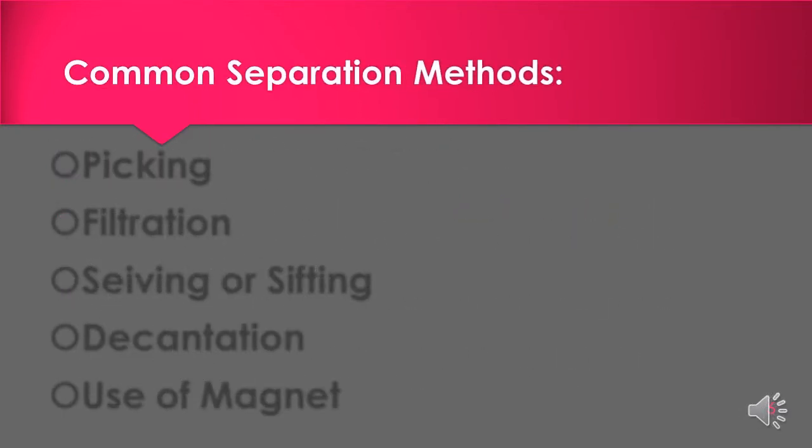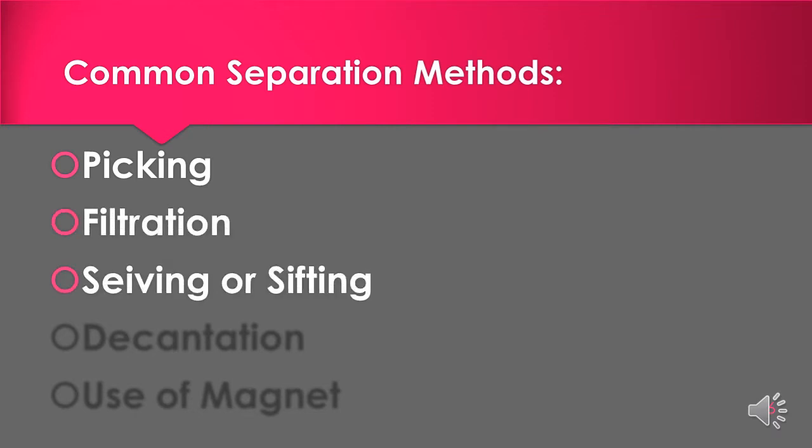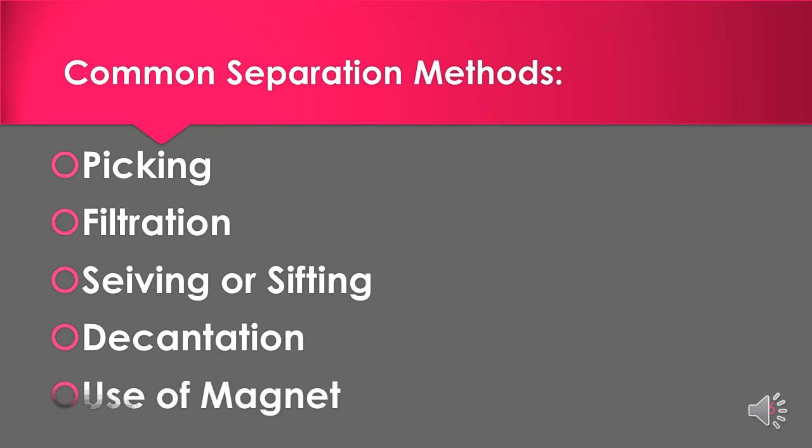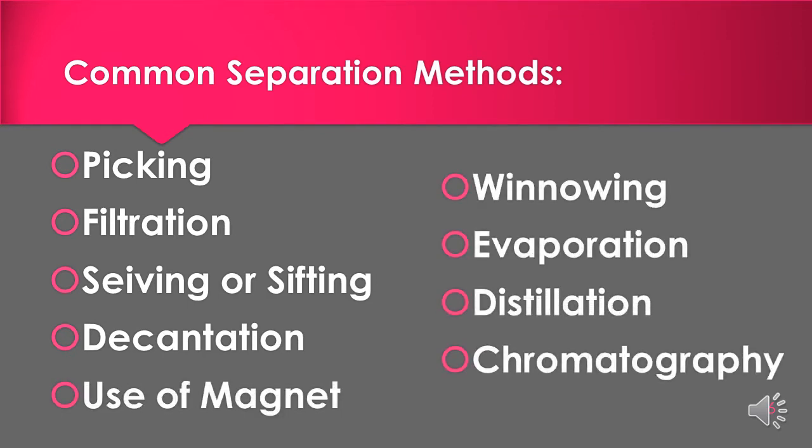So these are the common separation methods or techniques that we will discuss for today. We have picking, filtration, sieving or sifting, decantation, use of magnet, winnowing, evaporation, distillation, and chromatography.